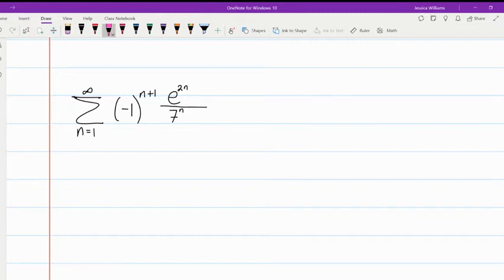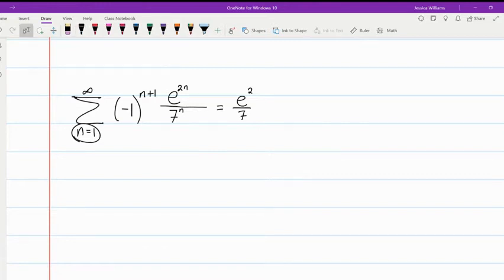I have to decide if it's geometric or not to know if I can use the geometric series test. And the best way to do that is to start plugging in values and listing terms. So I'm going to start when n is 1. I plug that in. Negative 1 squared is positive 1, so I don't need anything. This is e squared over 7.